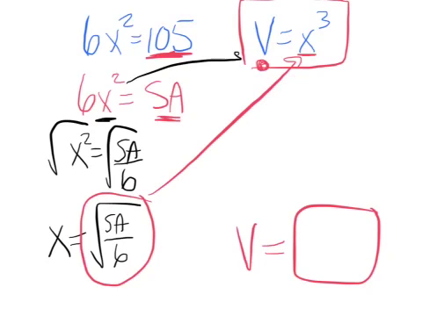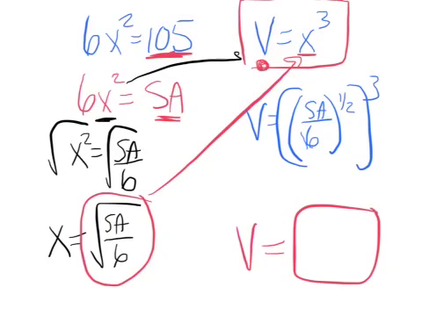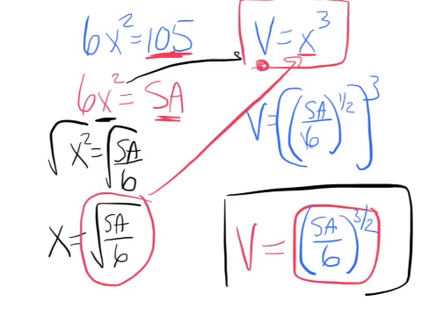When we do that, volume is equal to, let's write this as a 1/2 power, and then we're plugging it in and cubing it. When we solve it, the volume is equal to surface area divided by 6, all to the 3/2 power. So it's basically doing part A of the problem without numbers. This is just in formula format, and thus this is volume stated with respect to surface area.